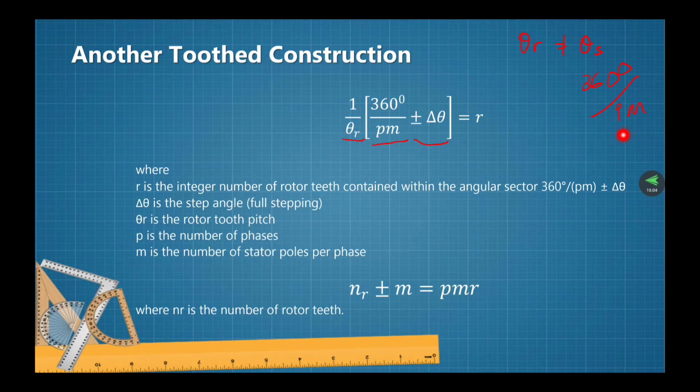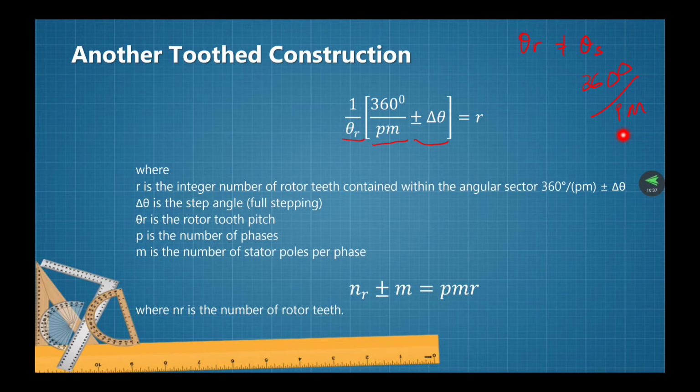And delta theta is the step angle for full stepping, theta r is the rotor tooth pitch, p is the number of phases, and m is the number of stator poles per phase. So we can get r plus or minus 1 over m equals Nr over pm, where Nr is the number of rotor teeth.